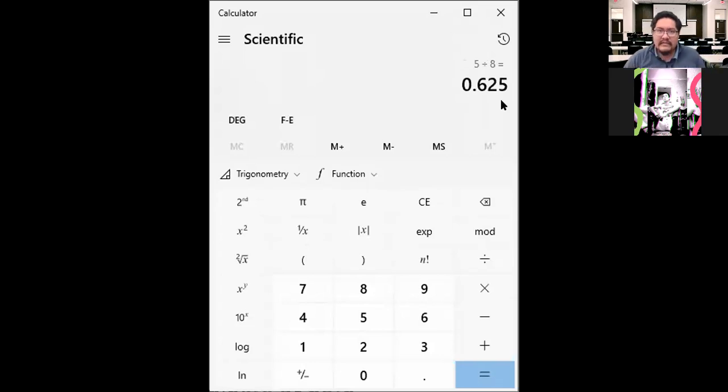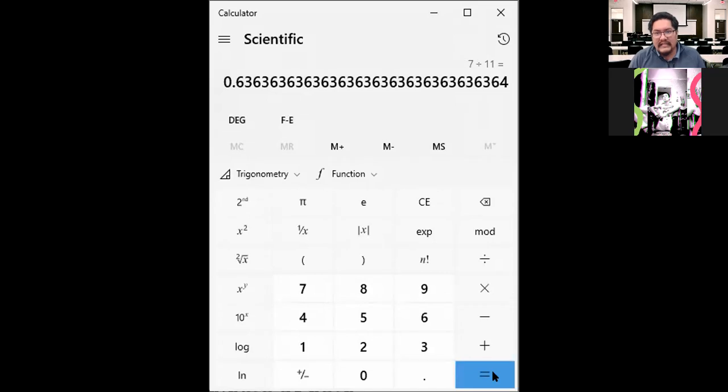But there are some numbers that do not terminate. Like for instance, the second example, 7 over 11. So 7 divided by 11, we get a number that we call a repeating number, because if you look at the pattern, it goes 0.636363636363.